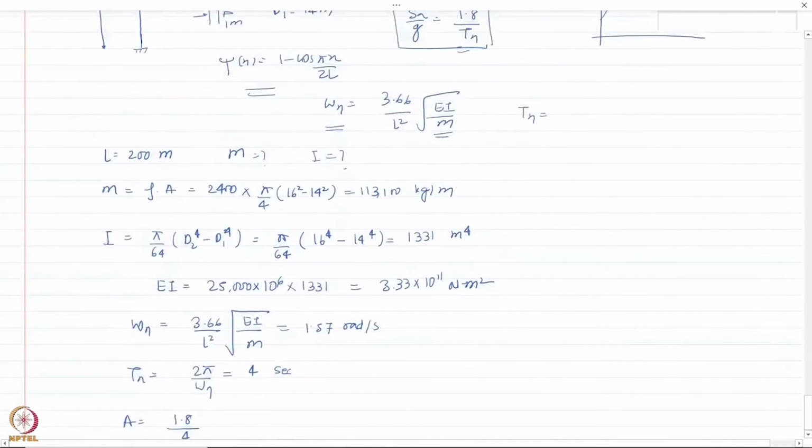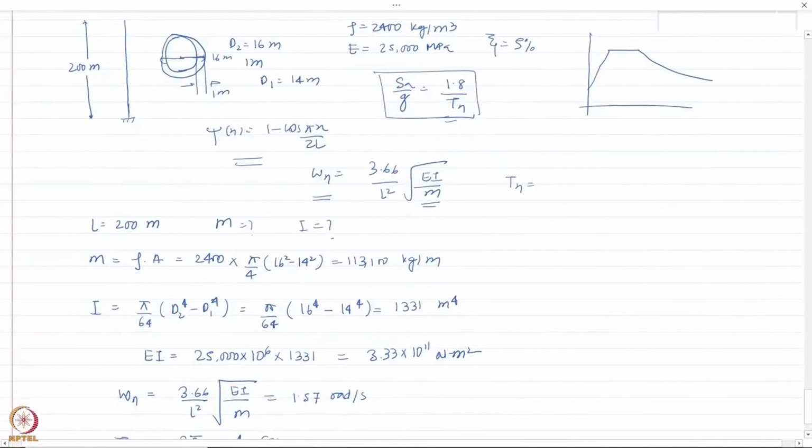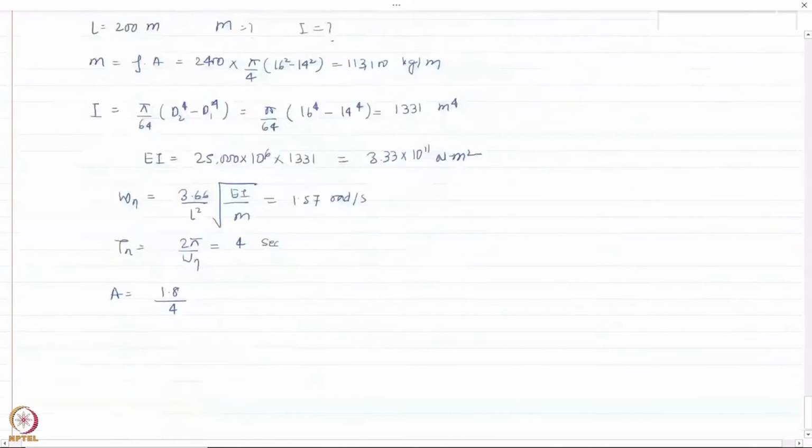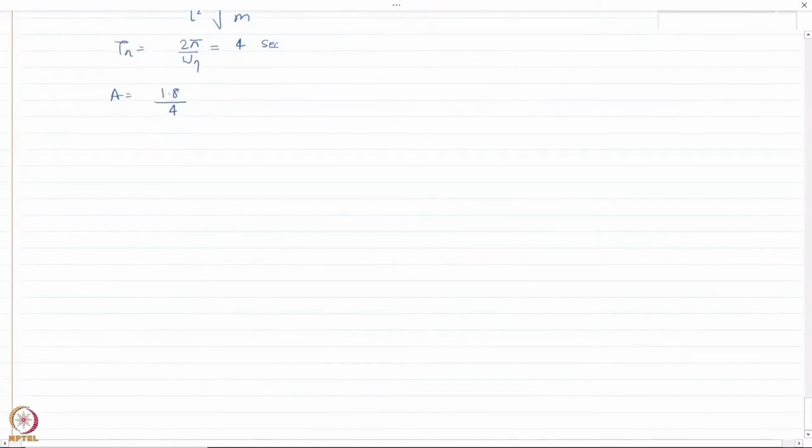What is also given in this problem is that we need to find out the response of the system using a response spectrum, for which this is the spectral acceleration, but scaled to a PGA of 0.05. So in that case, I need to multiply this with 0.05, and this times g would be my acceleration.